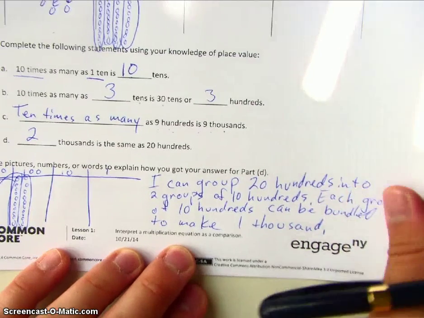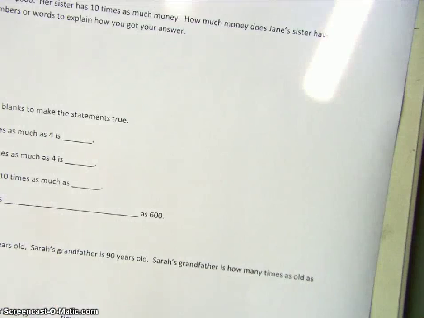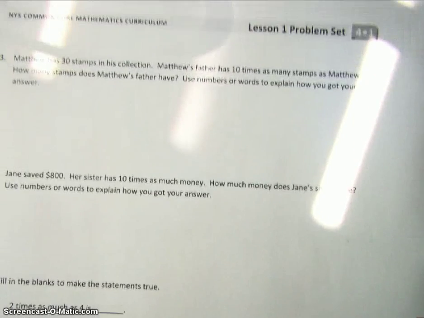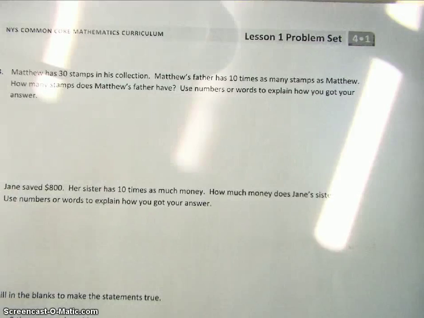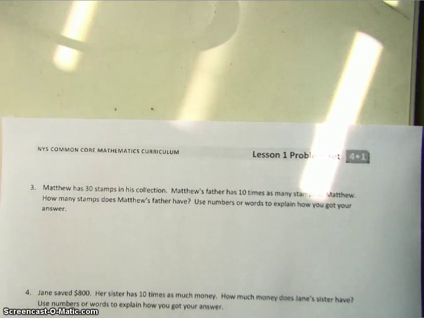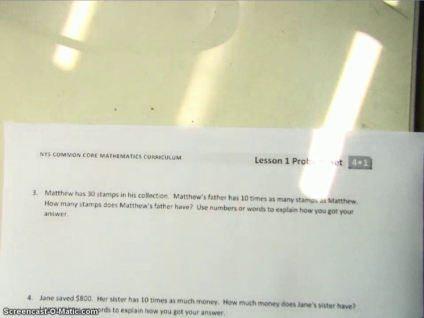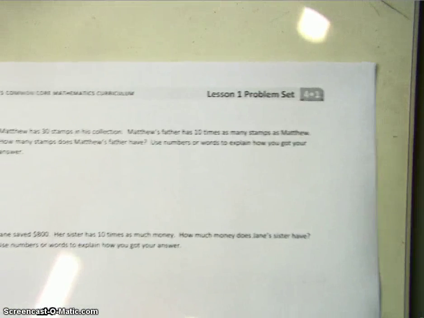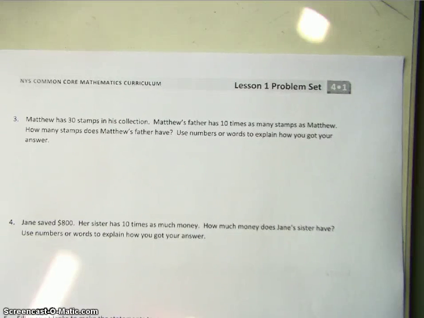Alright, so moving on to our next page, we have a couple of quick word problems. Number 3 says, Matthew has 30 stamps in his collection.